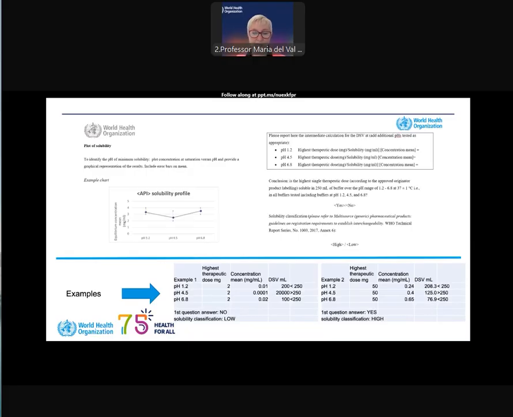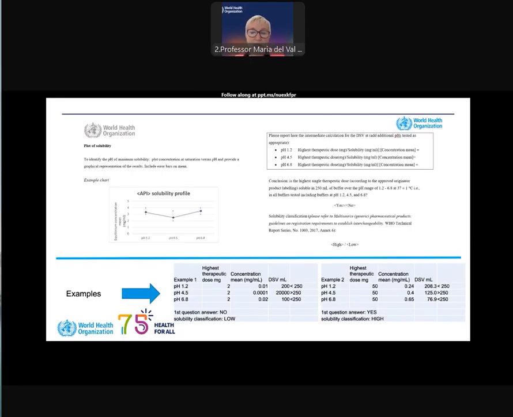So based on these results, we can make a representation of the pH solubility profile with the deviation, and then we estimate, as John has mentioned, the dose solubility ratio, in order to check that this dose solubility ratio is less than 250 milliliters.